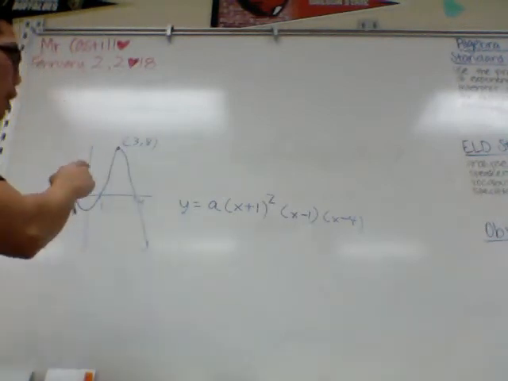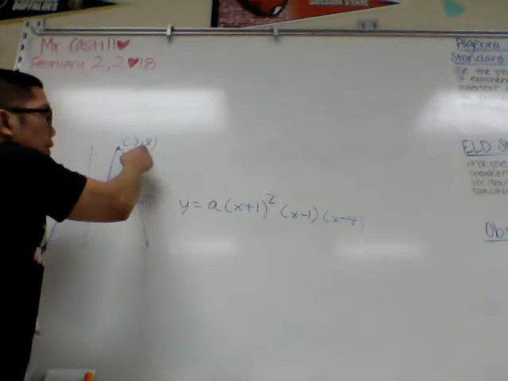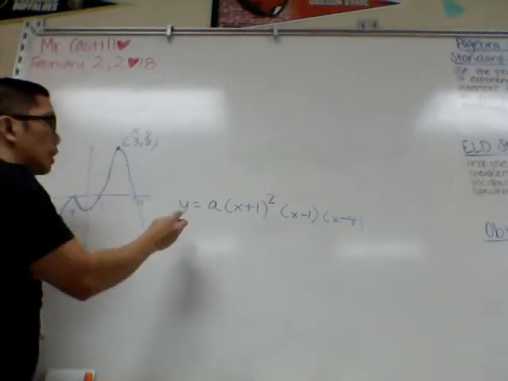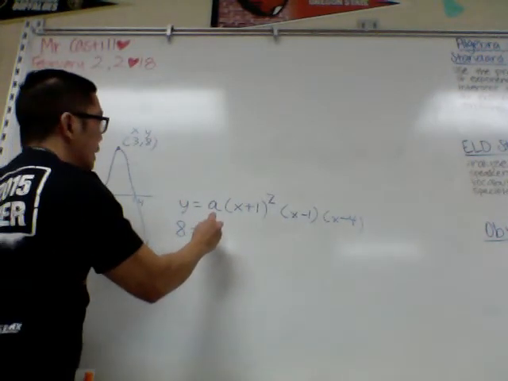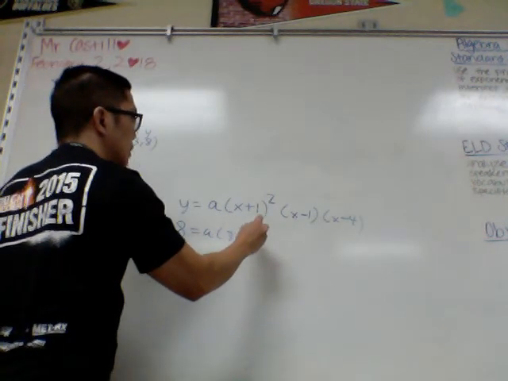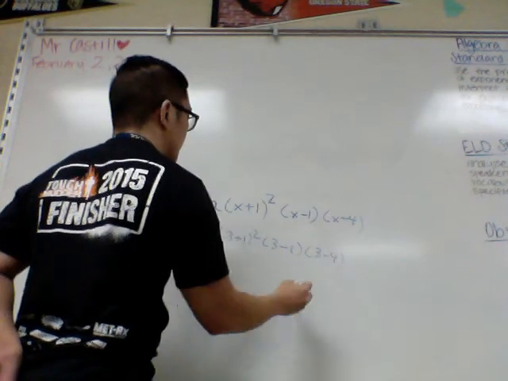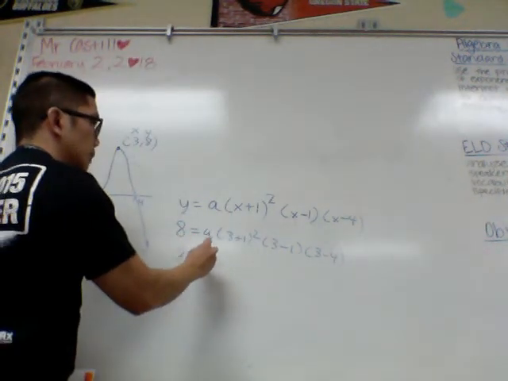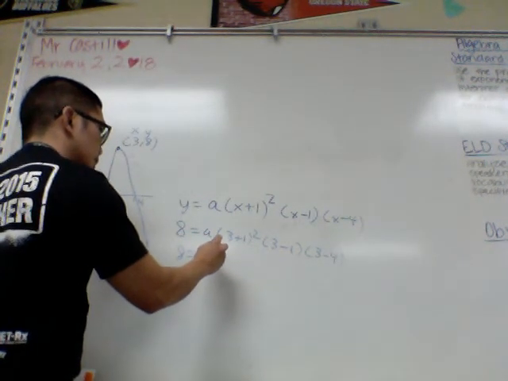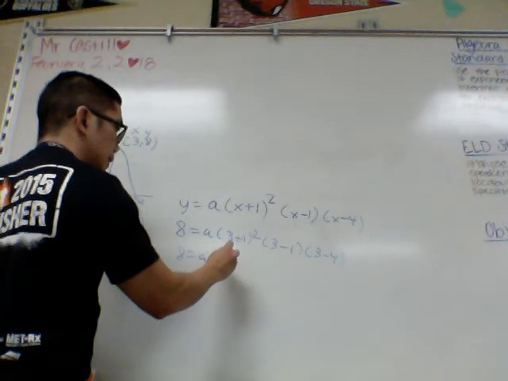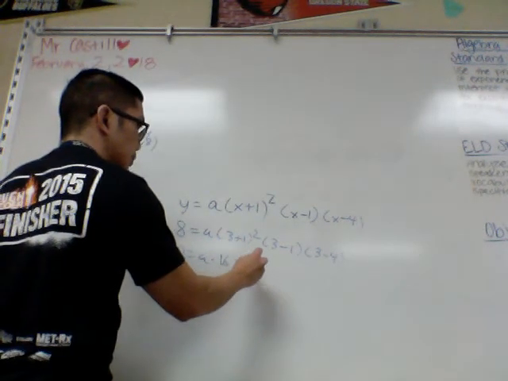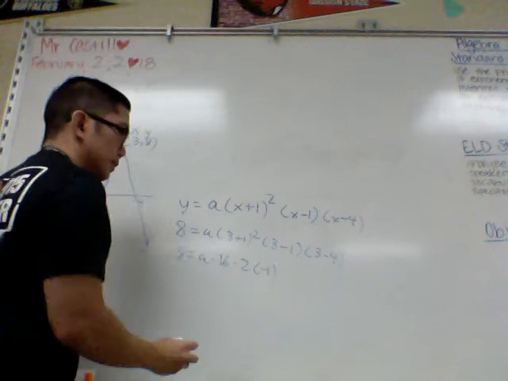So since we know it goes through 3,8, we're going to make that our x, make that our y. So it's 8 is equal to a, 3 plus 1 squared, 3 minus 1, 3 minus 4. So this is going to be 16 times 2 times negative 1.